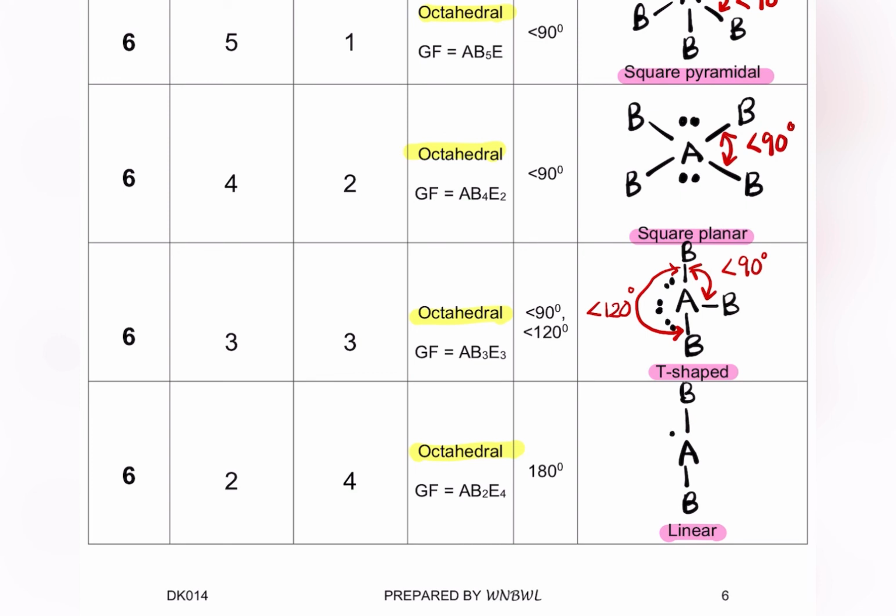So, it's going to be 1 lone pair, 2, 3, and 4 lone pairs. And your bond angle from here to here adalah 180 degree. So, this is the shape for linear with general formula AB2E4. 2 bonding pair, 4 lone pair.